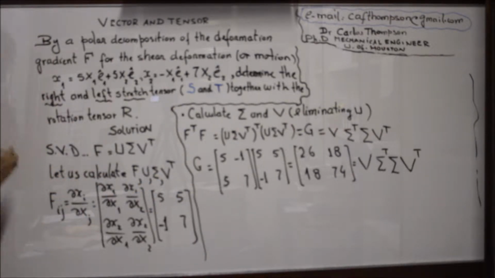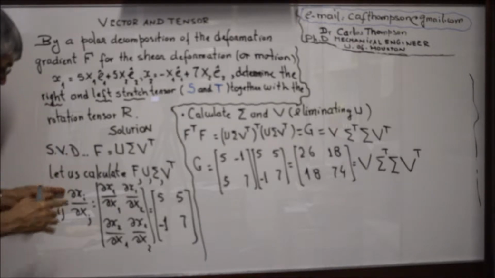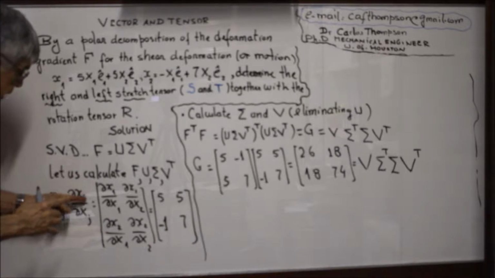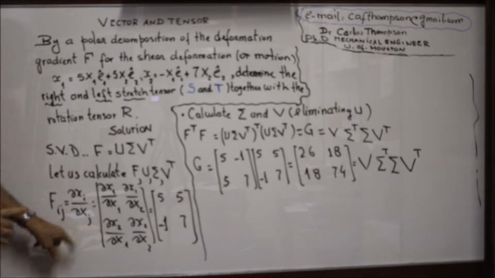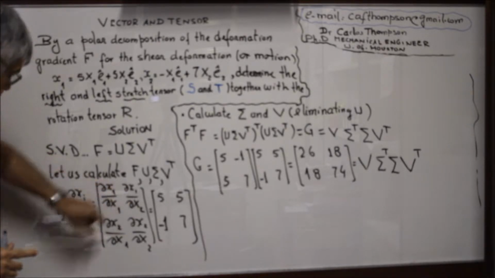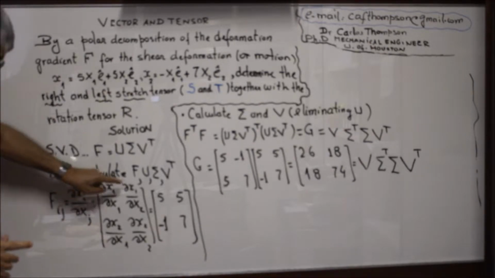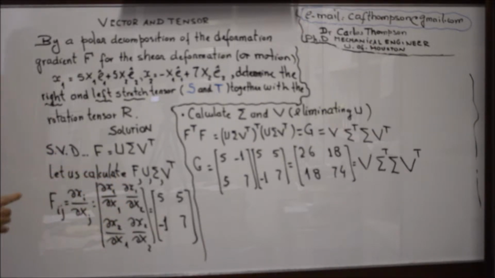Immediately, we can obtain the matrix F, which is the deformation gradient. F is defined as the partial derivative of x_i with respect to capital X_j. This is the matrix F, and these are the elements of F.